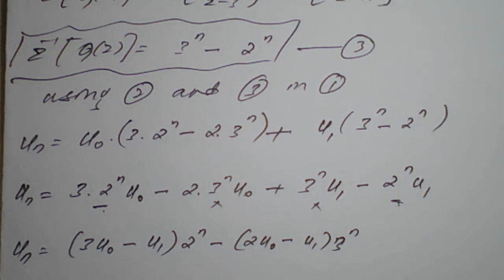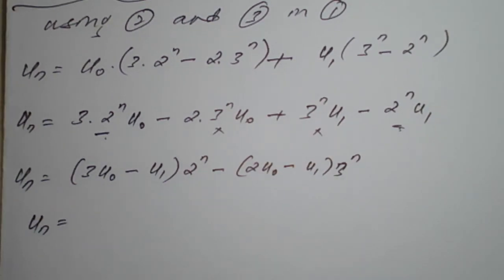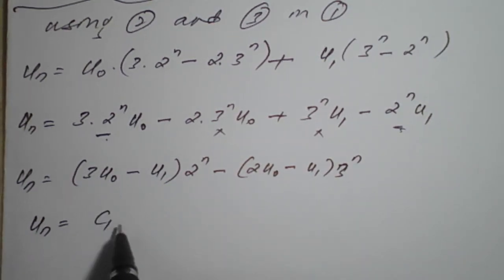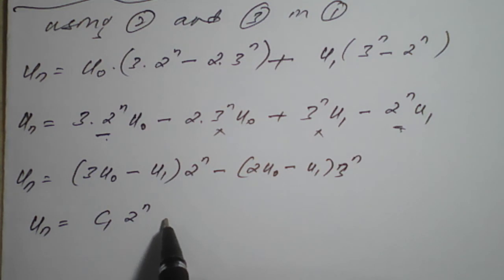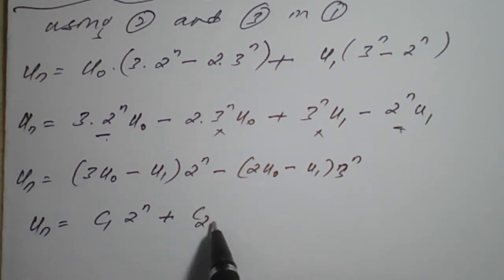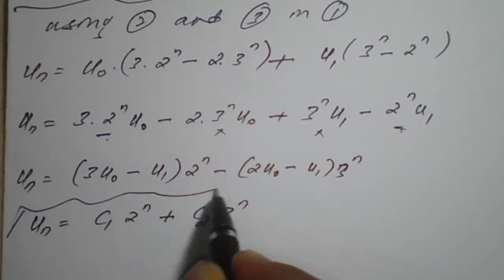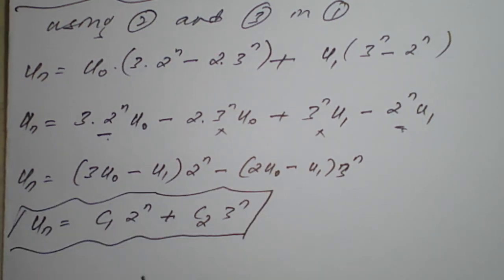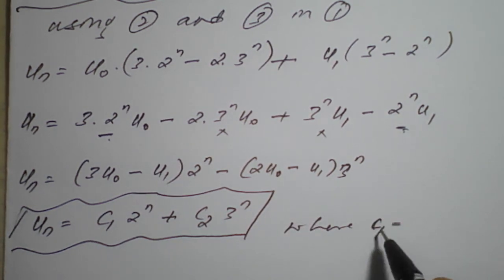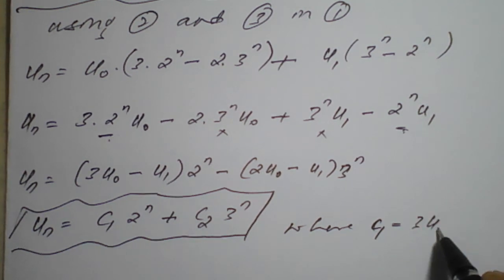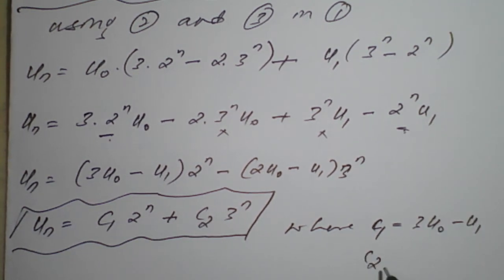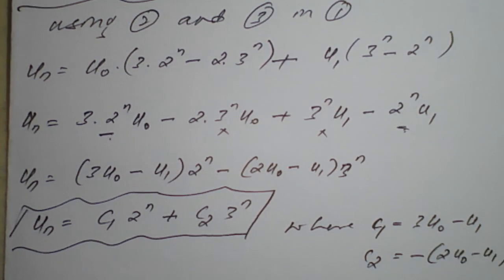Or I can say that un is equal to c1 2 raised to n plus c2 3 raised to n, where c1 is nothing but 3 u naught minus u1, and c2 is nothing but minus times 2 u naught minus u1.